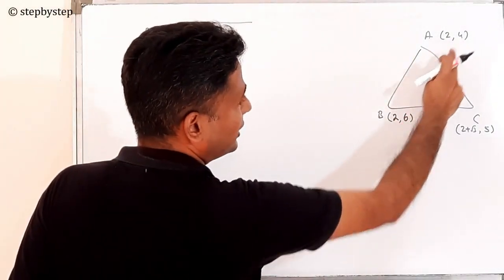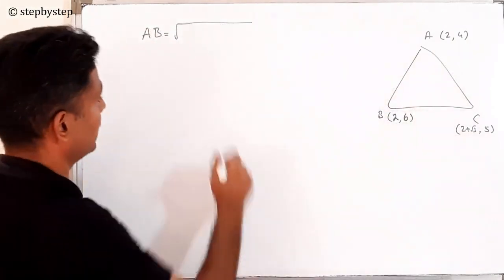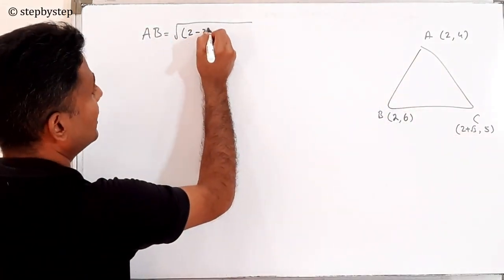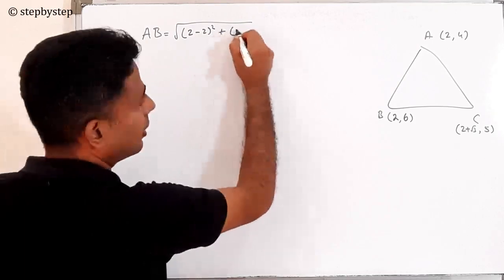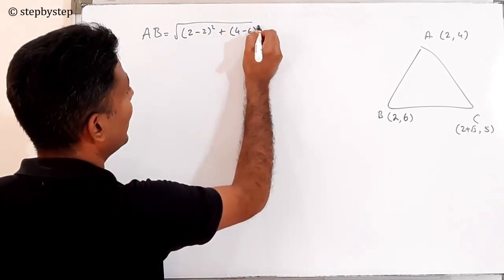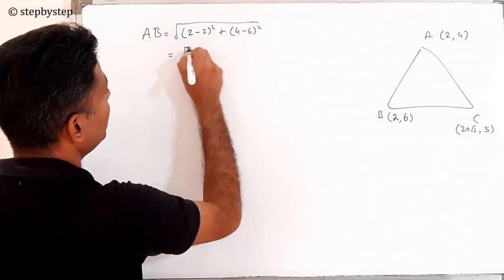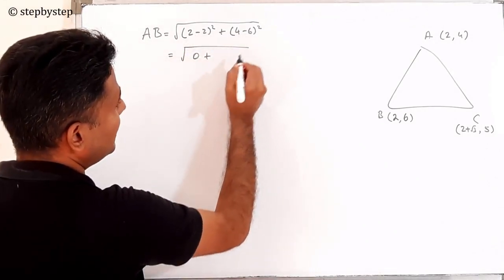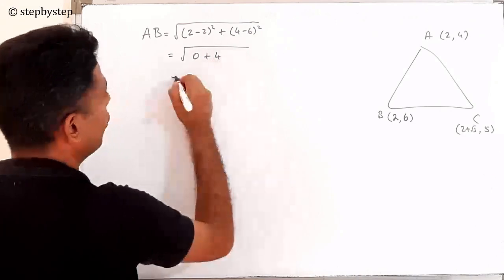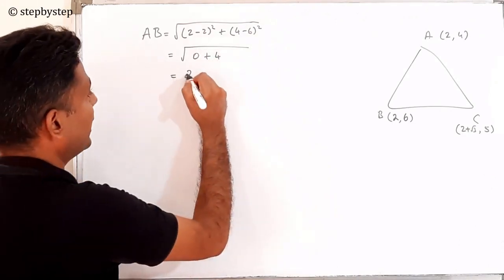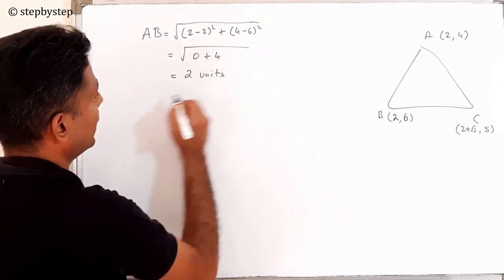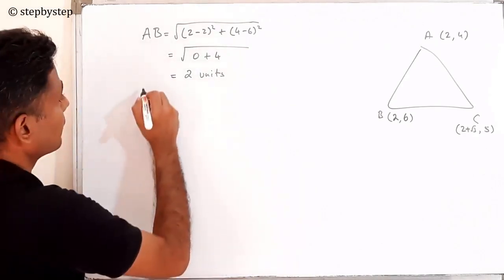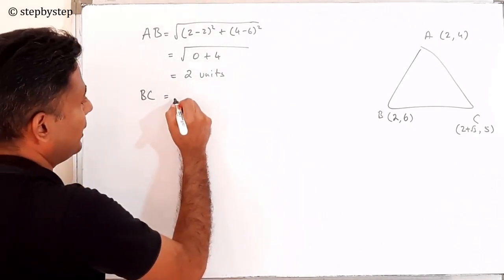I'll take this as x2, y2 and this as x1, y1. So x2 minus x1 whole square plus y2 minus y1 whole square. So we get 2 minus 2 is 0, 0 square is 0, plus 4 minus 6 is minus 2, square is 4. So we get root of 4, that is 2 units. Then we have BC.